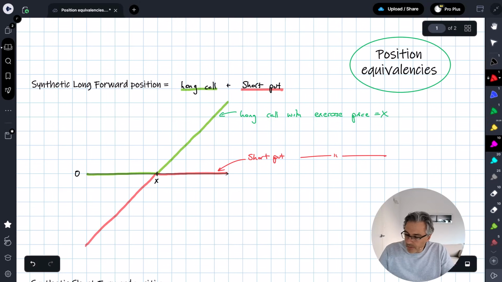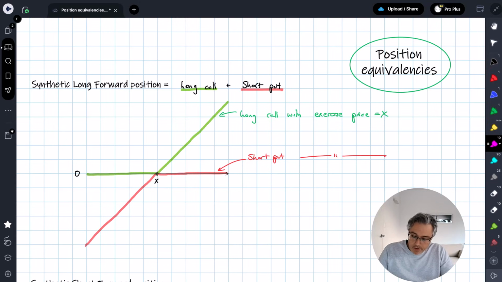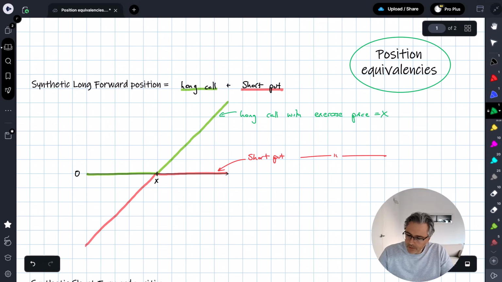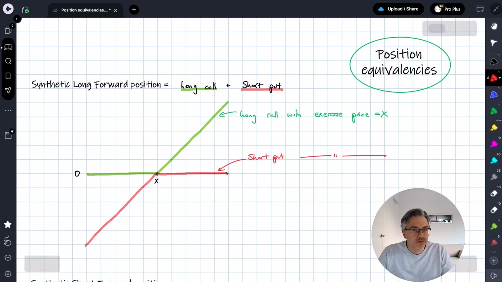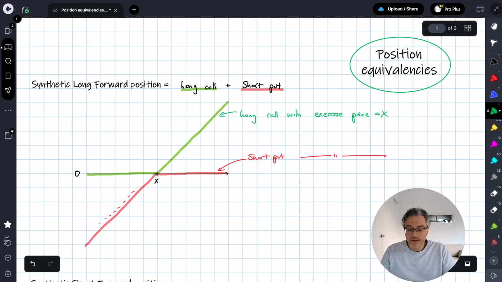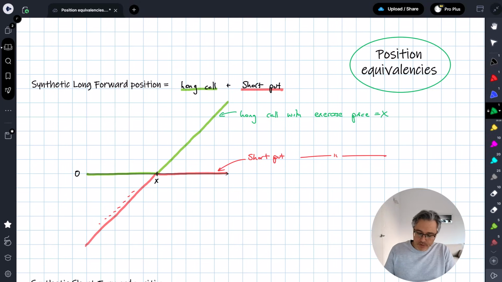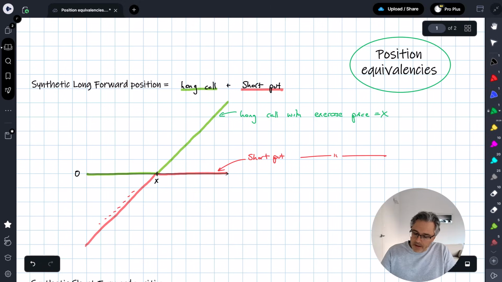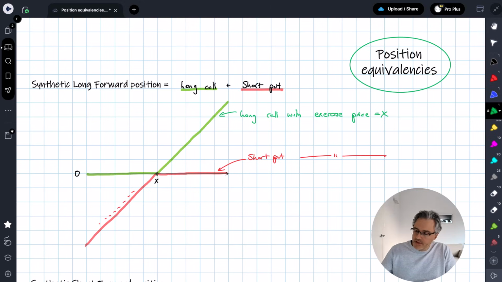Now, what happens when you combine these 2 into a single strategy? Well, basically, if the reddish short put position is losing money over here on the left-hand side of X, then the green long call option is effectively making 0, not losing or making any money. And the opposite happens on the right-hand side of X: the short put is effectively stuck at zero, and the long call is providing some gains.